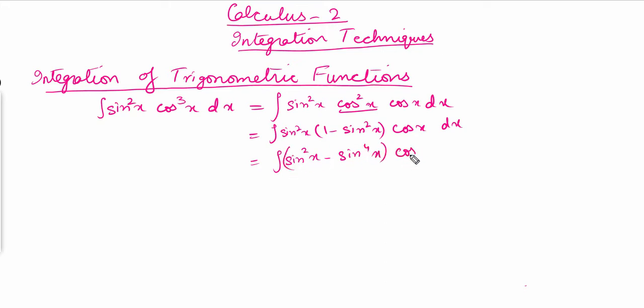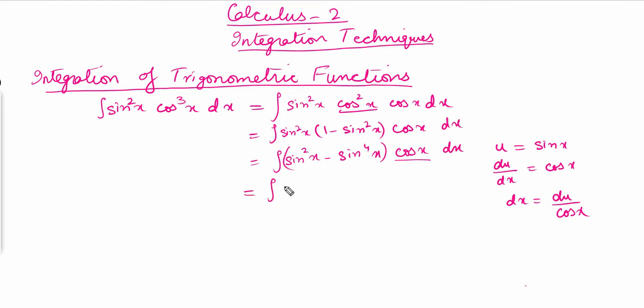times cos x dx. Now in place of sine x, I'll substitute u, because the derivative of sine x is present over here, that is cos x. So I'll say let u is equal to sine x, so that du by dx will become equal to cos x, and dx will become du over cos x. In place of dx, I will substitute du over cos x, and in place of sine x, u.